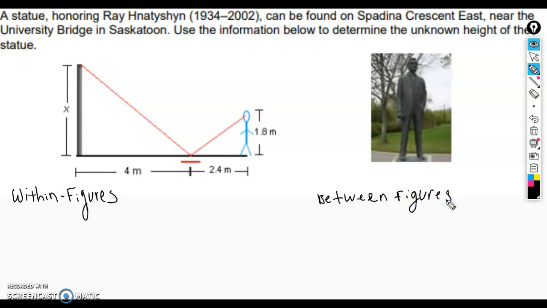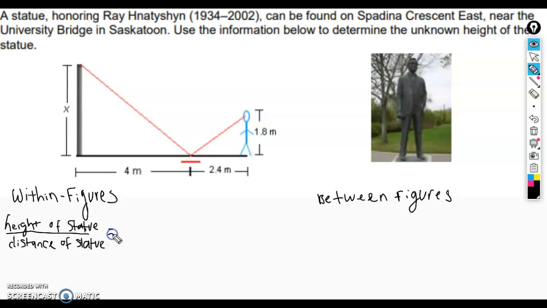So within figures would mean I'm actually within the same shape. So for example, I'm going to have the height of statue over, we'll call it the distance of statue. So as you can see, I'm still focusing on the statue.